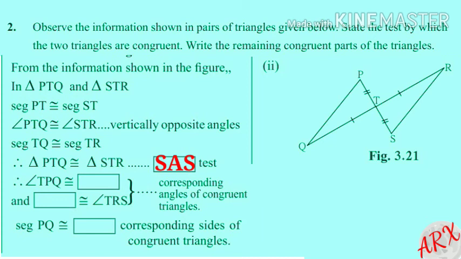Therefore, angle TPQ congruent to angle TSR and angle TQP congruent to angle TRS, corresponding angles of congruent triangles. Therefore, segment PQ congruent to segment SR, corresponding sides of congruent triangles.